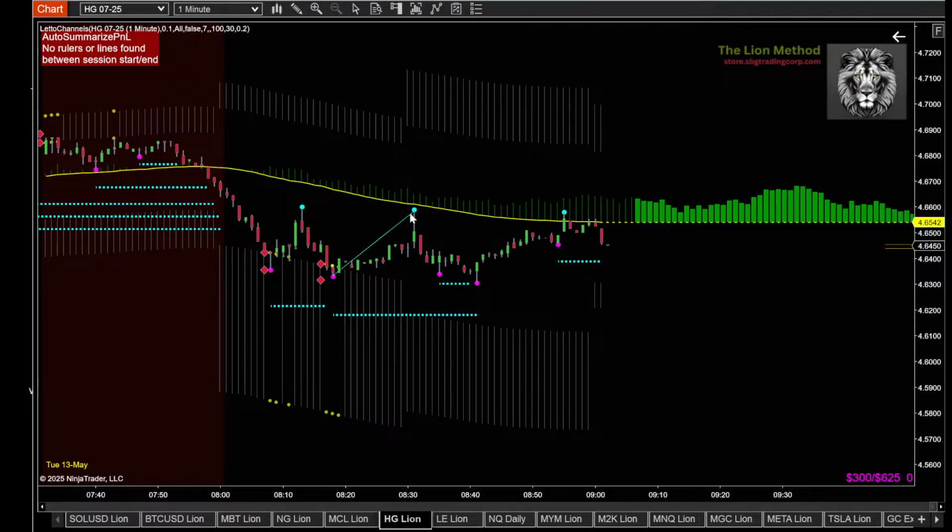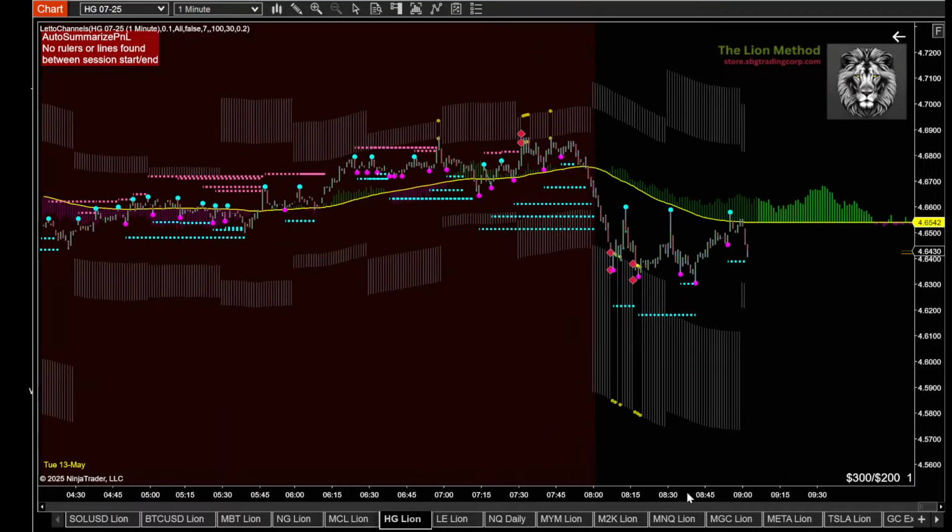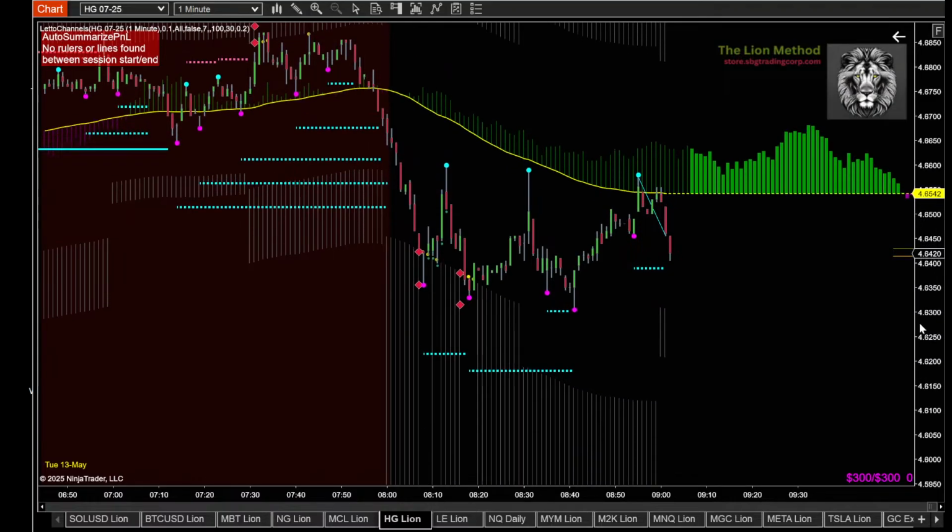And then the second indicator is the entry and stop loss and target calculator, and that's called Extension 62. So the blue dot, the magenta dot, these blue dashed lines, and the magenta dashed lines, those are produced by Extension 62.